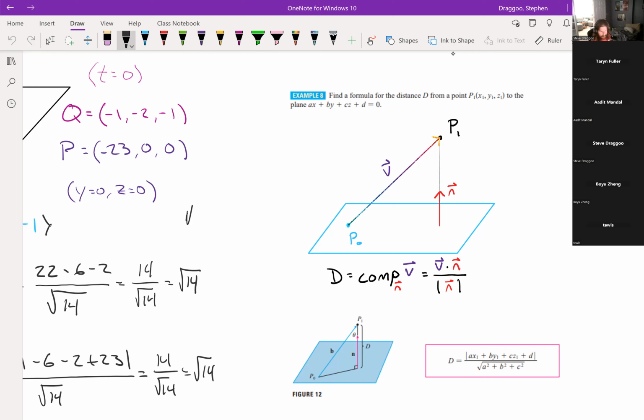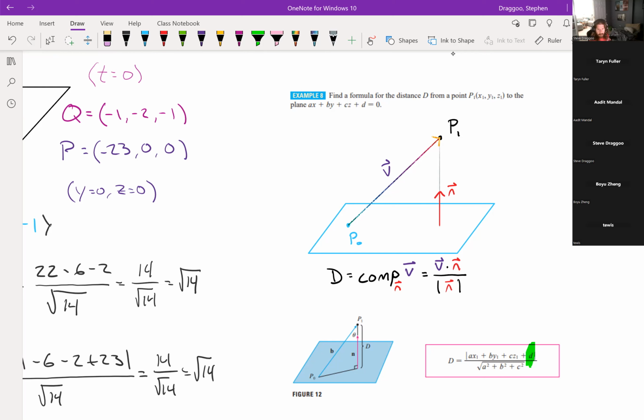So the most common mistake I see when people are trying to use this formula to get the distance is that lowercase d that shows up on the inside of the formula, this guy right here, that guy tends to have the wrong sign frequently. And we don't want that.